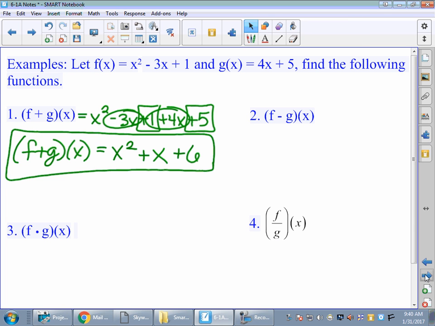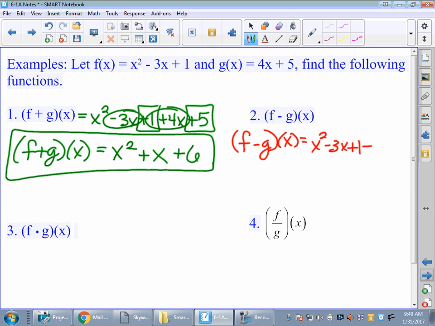To find the difference, f minus g of x, we will simply take the f of x function, x squared minus 3x plus 1, and subtract the entire function 4x plus 5. I like to put that entire function in parentheses so that I know that that negative on the outside is really a negative 1. I want to apply it to both terms of g of x. This is a common mistake.